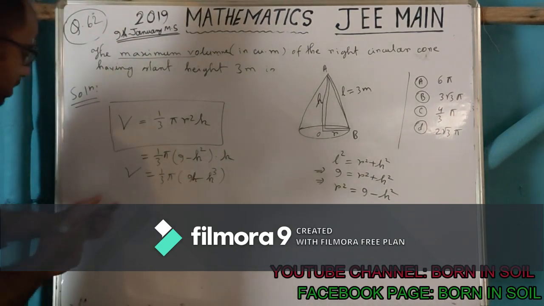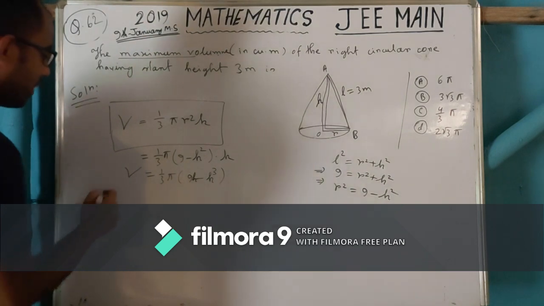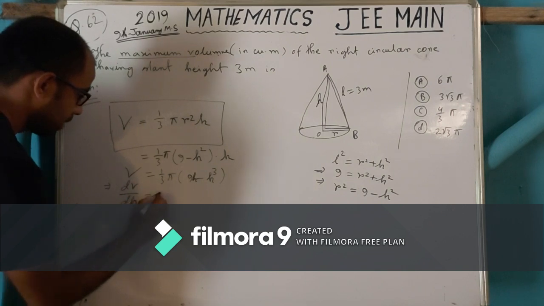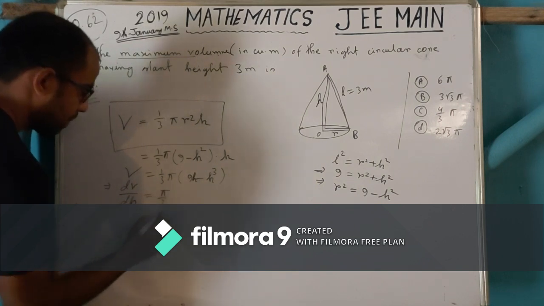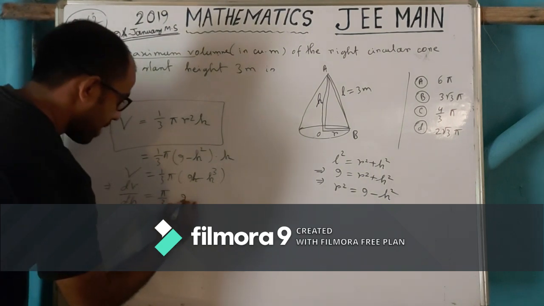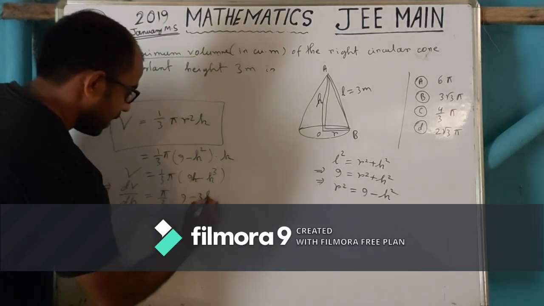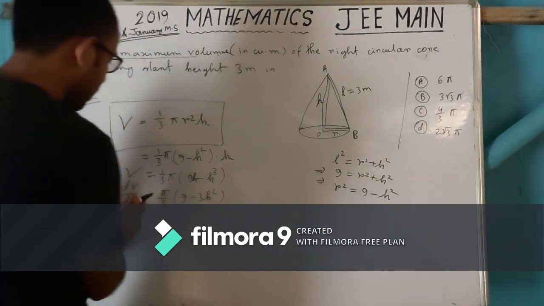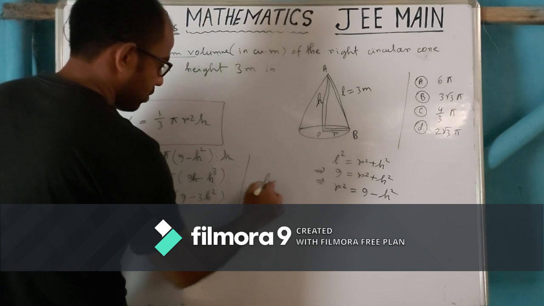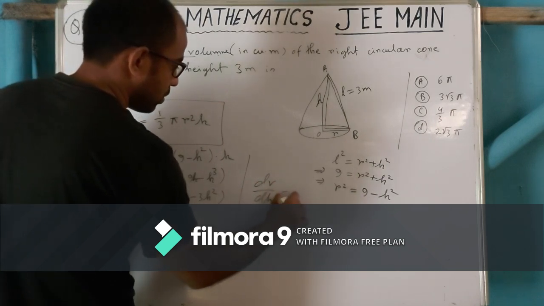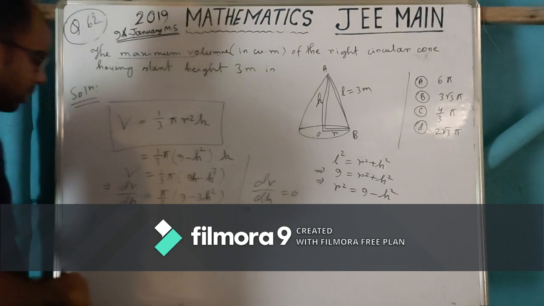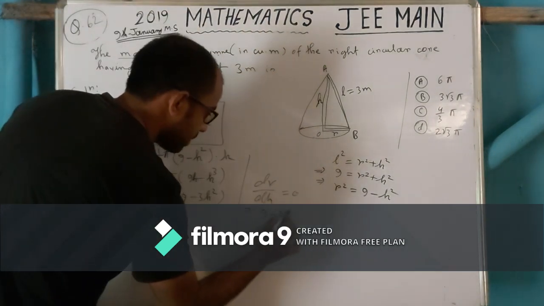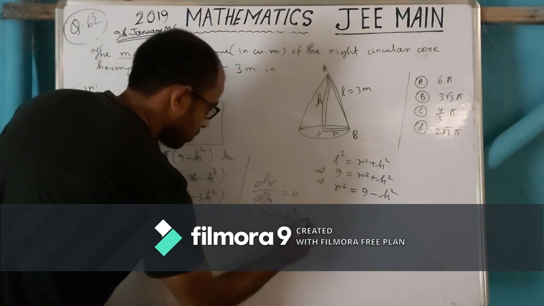So first we differentiate this V with respect to h: dV by dh equals pi by 3 into 9 minus 3h square, and equating dV by dh equal to 0. So 9 minus 3h square is equal to 0.